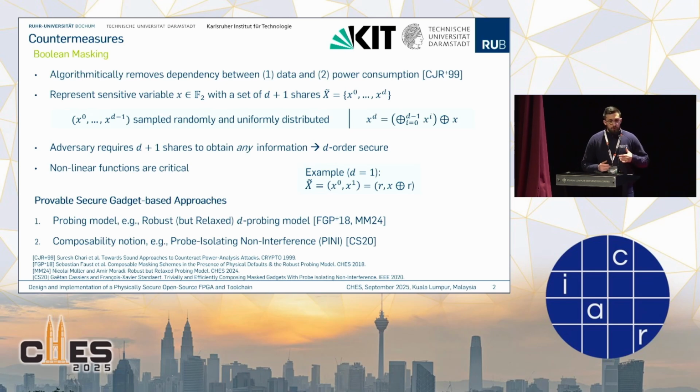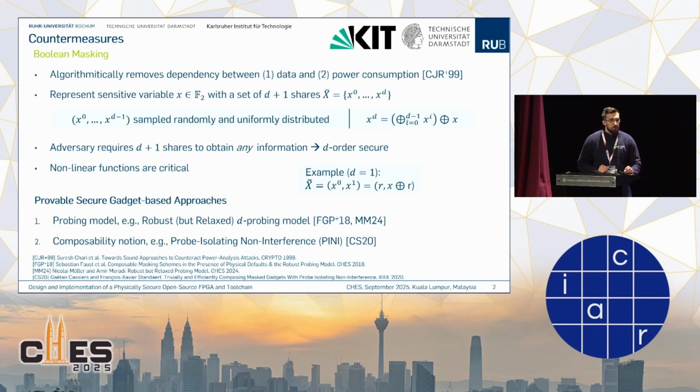So we do this by selecting d shares randomly, and they are uniformly distributed, and the last share is then computed based on these d shares and the value to be protected. And then a circuit is considered to be d-order secure if an adversary needs d+1 shares to obtain any information about the secret. And when implementing this, then nonlinear functions play a critical role, as they need to recombine the shares in some way in order to achieve functional correctness.